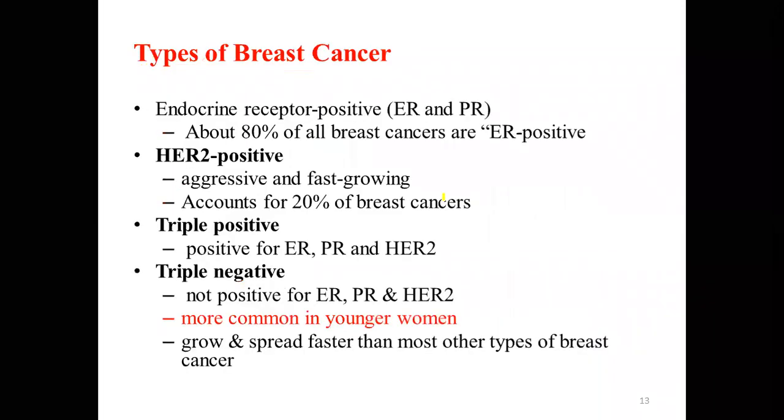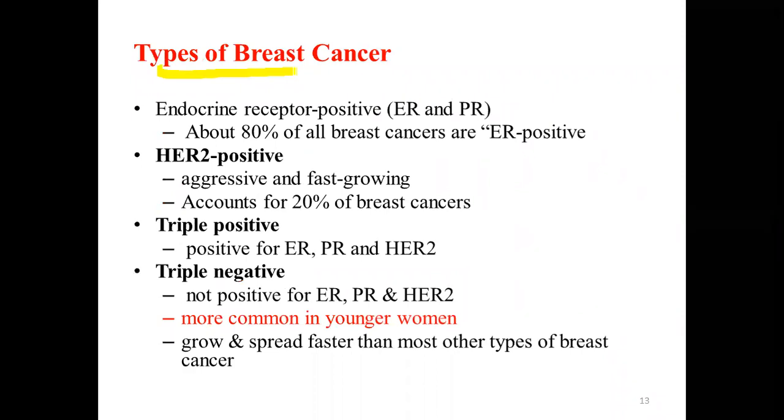Okay, then apart from histological classification, there is something you need to know when discussing breast cancer: the hormone receptor status. Hormone receptor status refers to which hormone is the most likely offending agent causing the breast cancer.